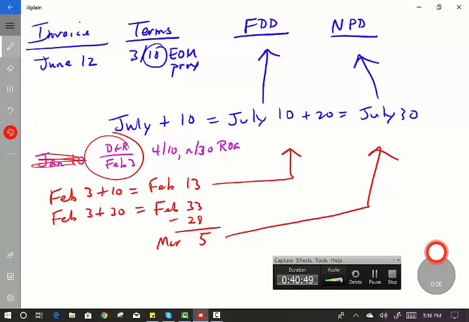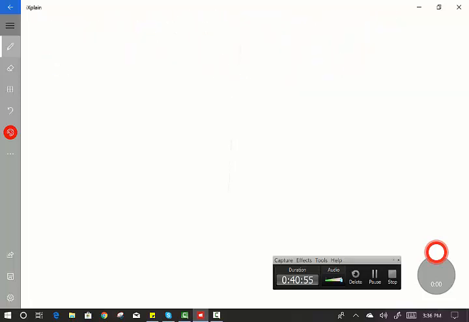Alrighty, now let's go ahead and take a look at the next section, numbers 15, 16, 17, and 18. And I'm just actually going to work through one of these. I want to work through one that actually has a freight charge.